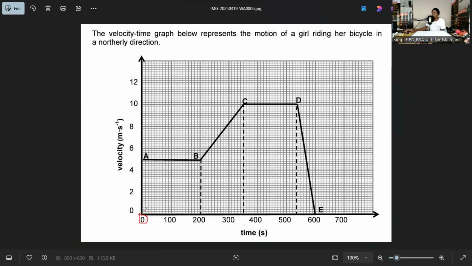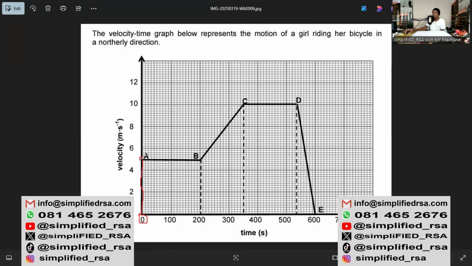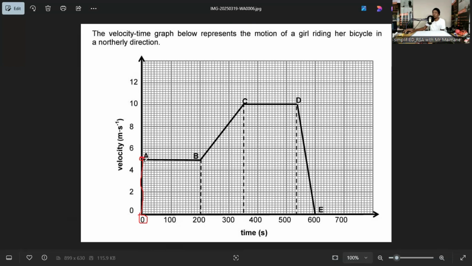At time zero, what was the velocity at that time? It is represented by point A. If you can see point B, from the scaling of the graph, it goes 0, 2, 4, 6, 8, up to 12 there. But one can see that this part here, we can say it is 5 meters per second because it is between 4 and 6.